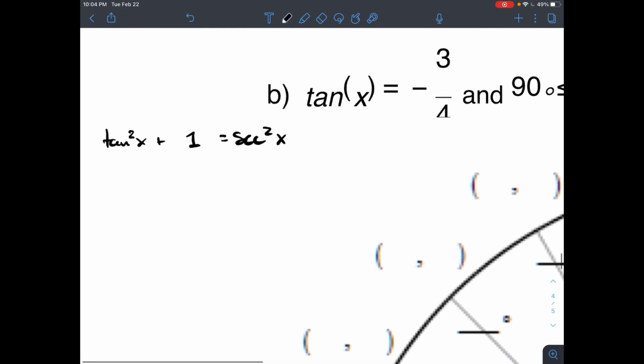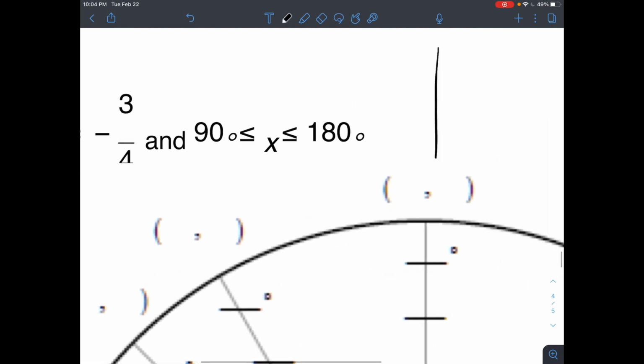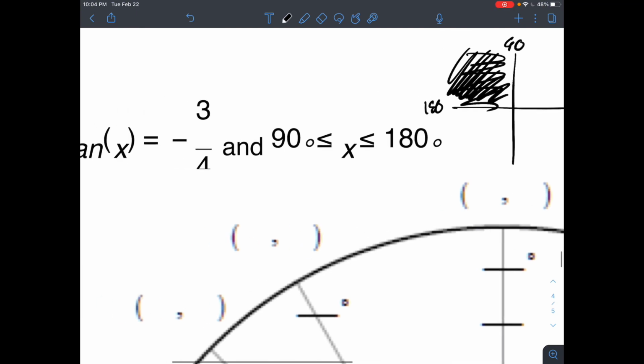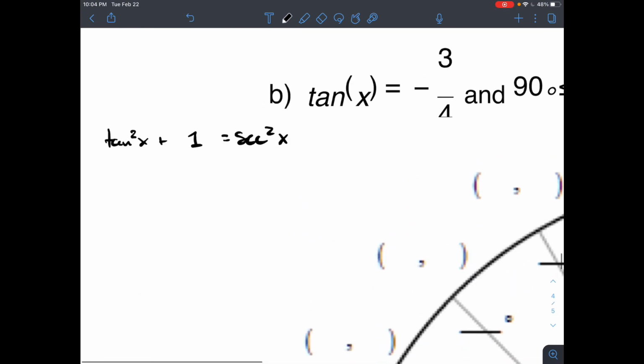So we're given tan of x is negative 3 over 4, and then what quadrant are we in? We are in 90, 180. So we are up in quadrant 2. We're going to have negative x's and positive y's. So let's look at what we got.